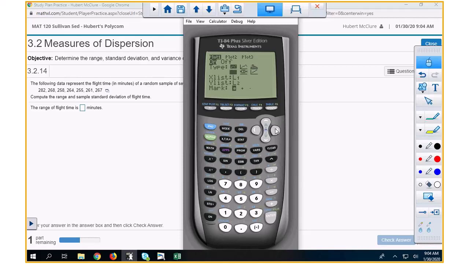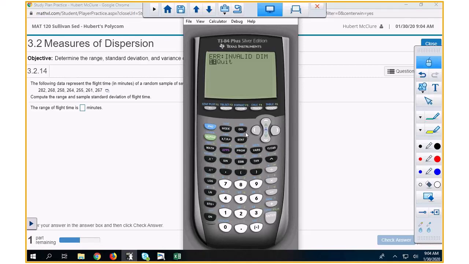Why the second one? Because it includes the median. And hit L1. It's not supposed to be asking for L2. I don't know why it's asking for Y list. It's just supposed to be there. And hit graph. Valid dimension.